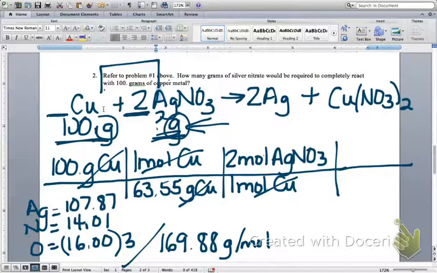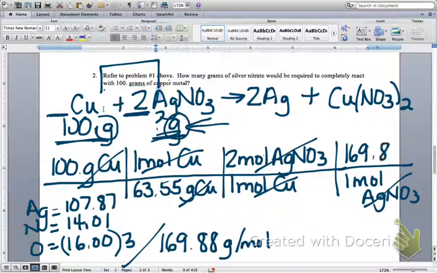Well, molar mass is the mass in grams of 1 mole of a substance. So 1 mole goes down here. So 1 mole of silver nitrate goes on the bottom to get moles of silver nitrate to cancel out. And my molar mass goes on the top, 169.88 grams. Okay? Yes, grams of silver nitrate, but I'm running out of room.